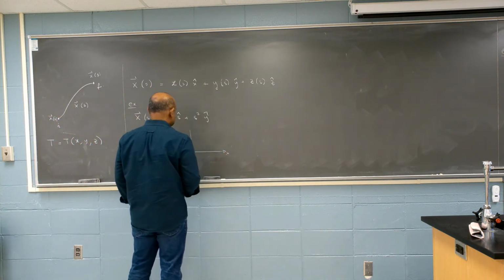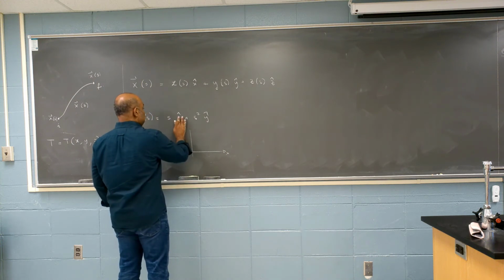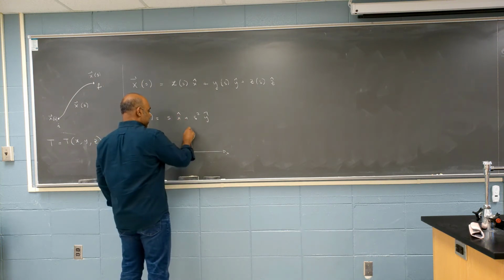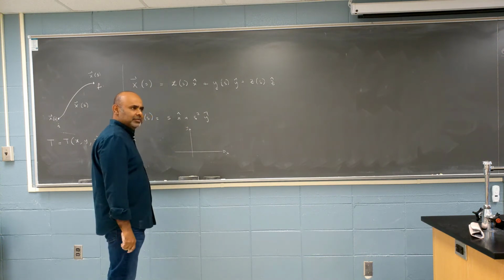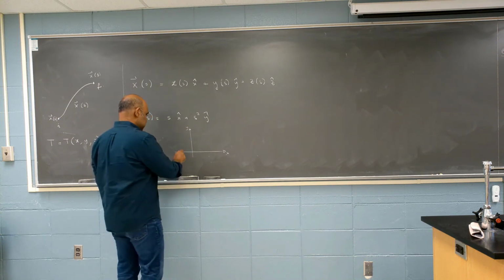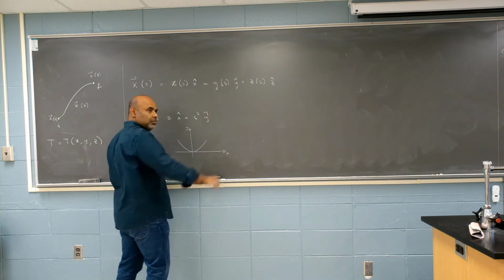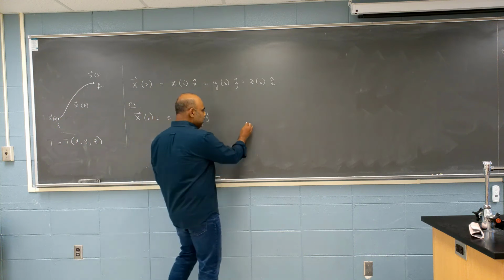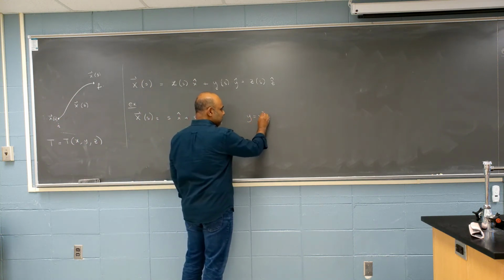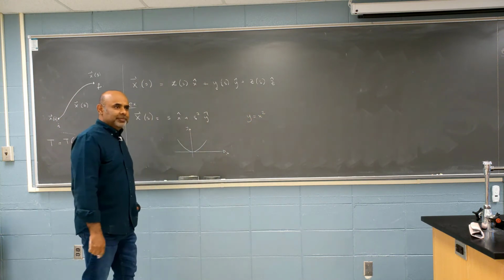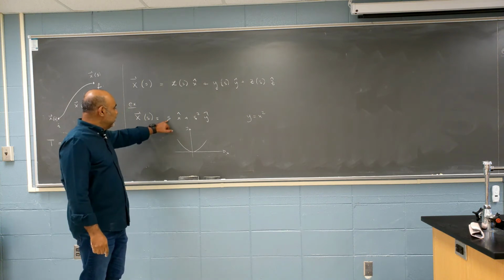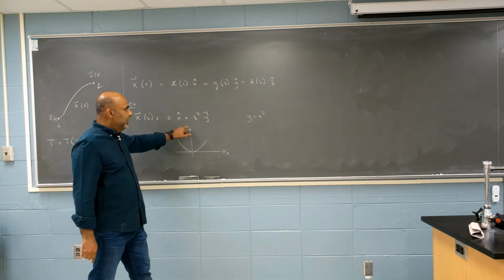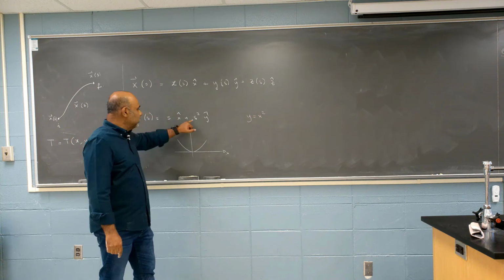Is that an s hat? Who? x hat. What curve is that? Recall the equation of a parabola? So instead of x, I just call it s. Then y is x squared or s squared.